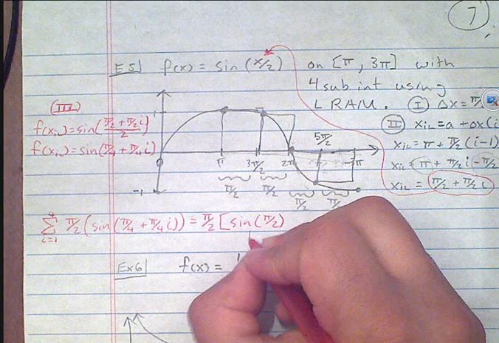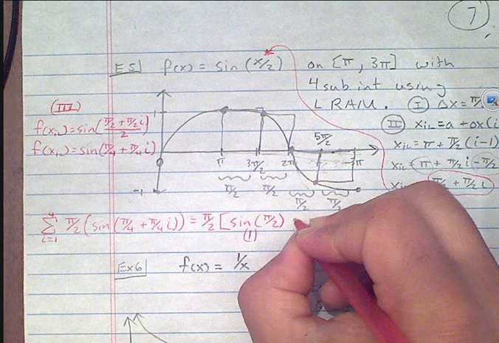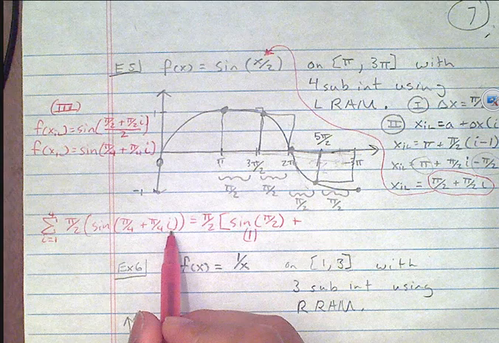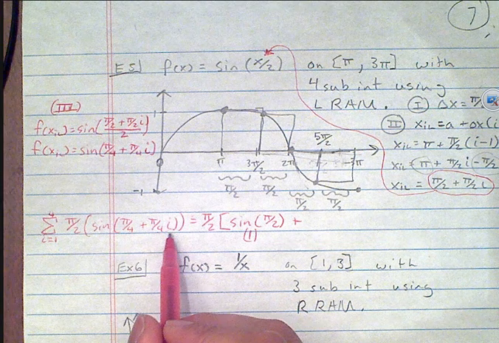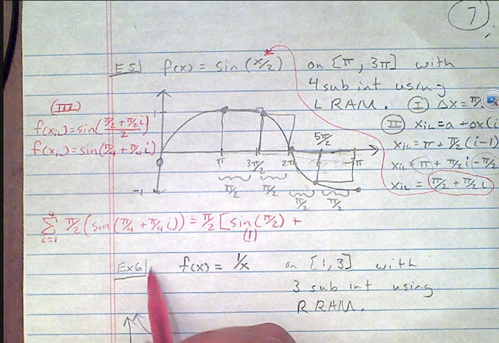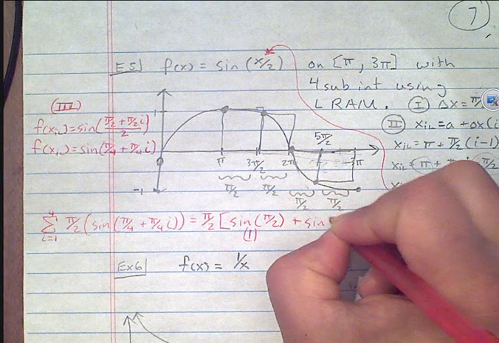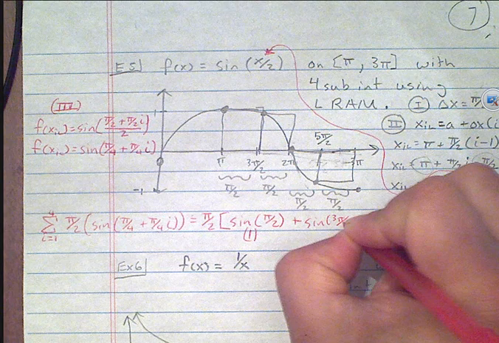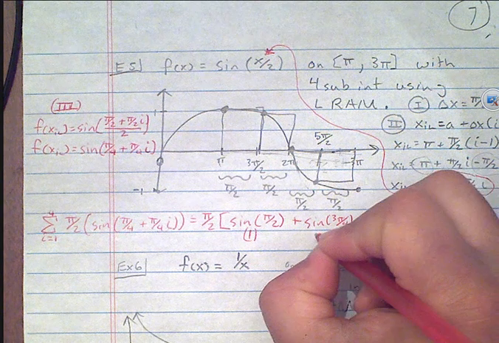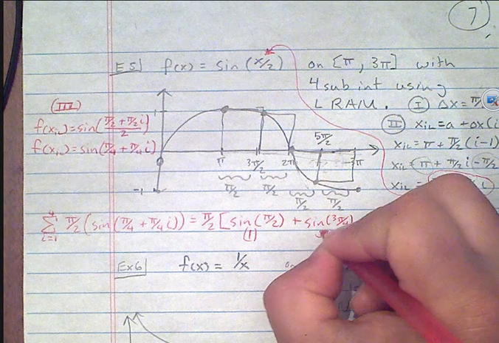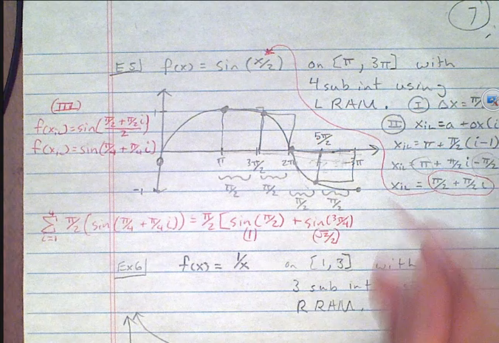That's 1. Plus, now I plug in 2. So that's 2 pi over 4 plus pi over 4 is 3 pi over 4. Okay? The sine of 3 pi over 4, I know that's the square root of 2 over 2. So see, I'm cheating. I'm not showing all these steps.